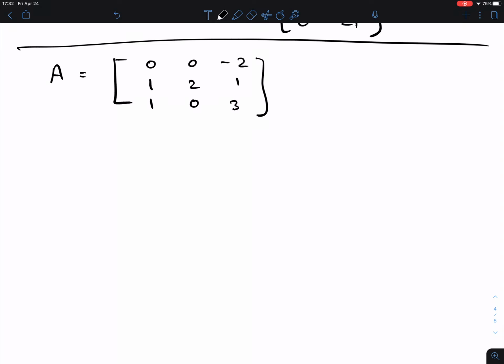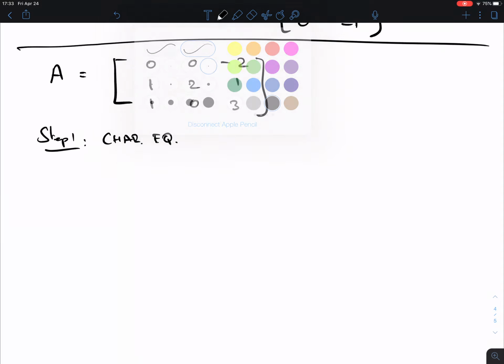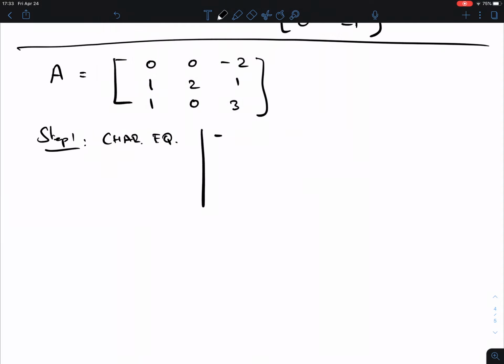Okay. So let's work it out. Step 1. Characteristic equation. Okay, so we have to do determinant, subtract lambda from the diagonal, and copy all the other ones.